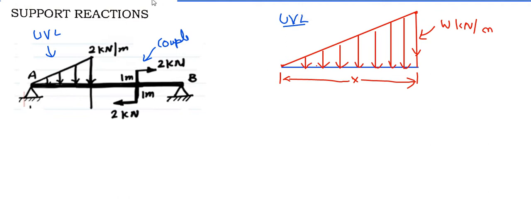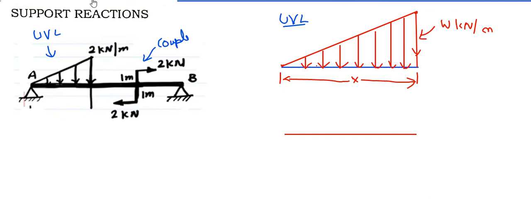So if you have a section like this, then this can be converted into a point load by taking the area of the triangle. First of all, you should know where the point load is located. In UDL, it is always at the center or the middle point.